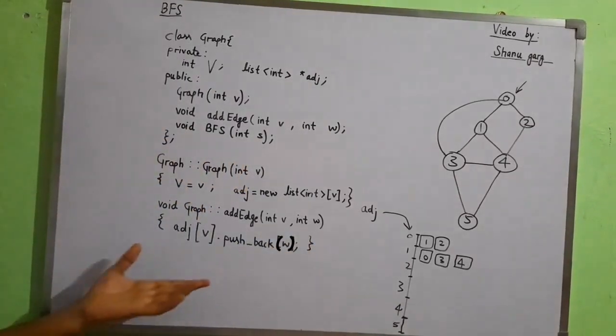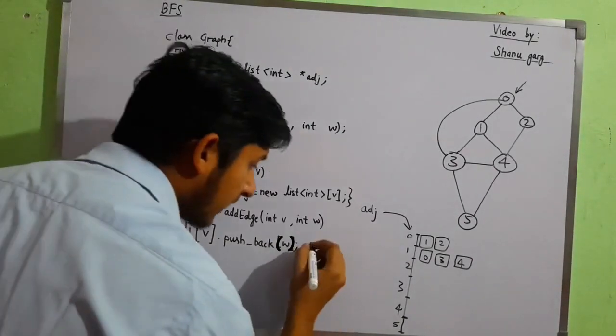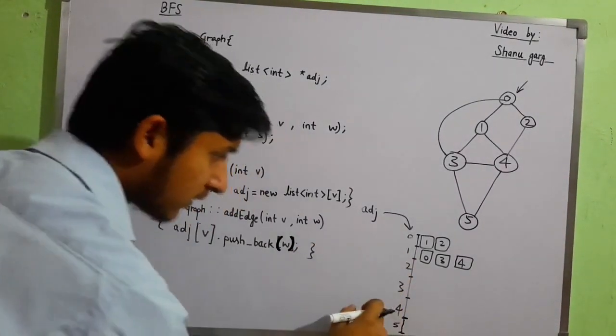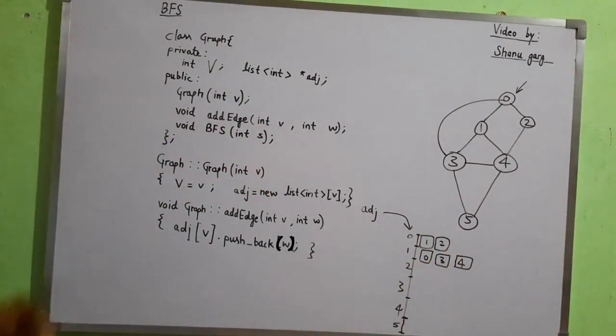So we get this node attached to this. These are nodes that are getting attached to this, so we get this attached.